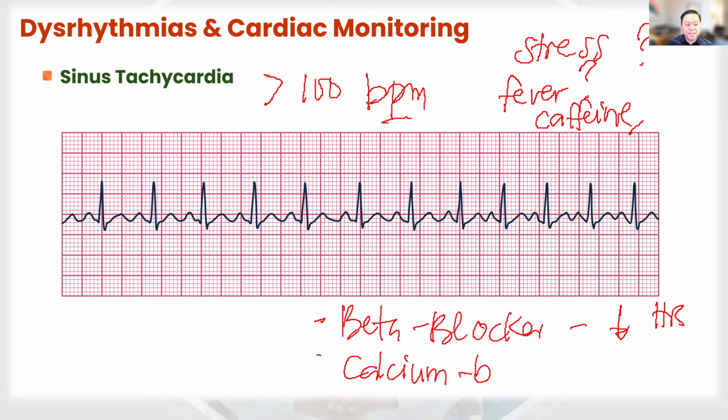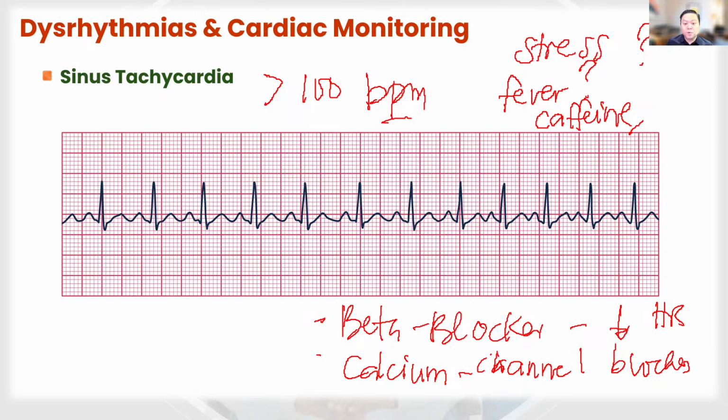Calcium channel blockers, the CCBs that we mentioned yesterday. Again, our aim here is to slow down the heart rate. We don't want our patient to have a prolonged tachycardia, because eventually the heart will get tired, it will get exhausted, and it will have a problem with ischemia on its own.